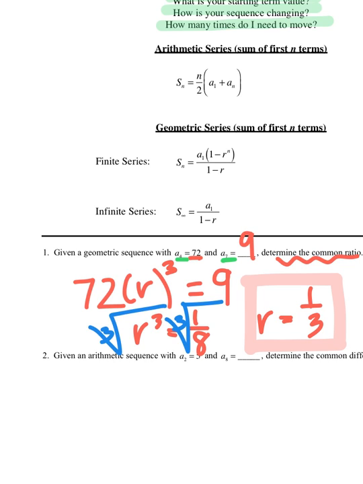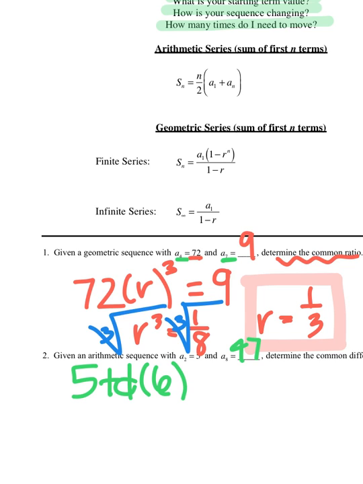All right, looking at example 2, we have an arithmetic sequence where the 2nd term is 5 and the 8th term is 47. Determine the common difference. What is your starting term value? How is your sequence changing? How many times do I need to move?